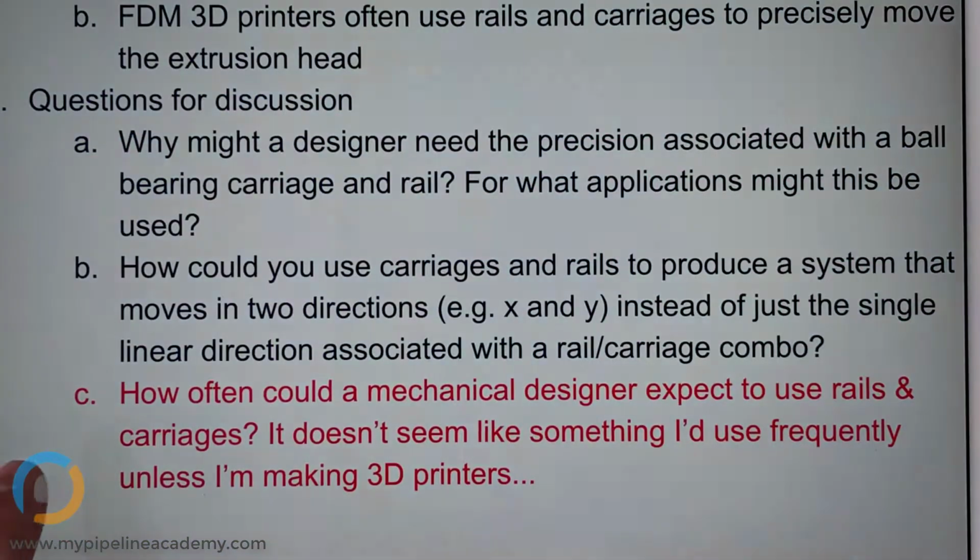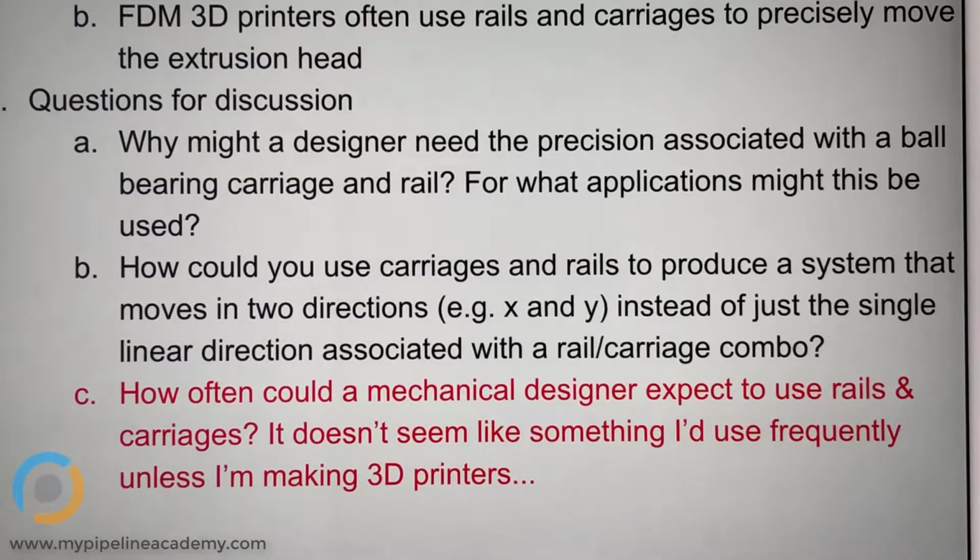So yeah, not just 3D printers and robotics, but for example, we had this assembly fixture that required some linear motion in order to install a part onto the rest of the assembly, and we used a rail and carriage there just to facilitate nice, smooth, linear motion.